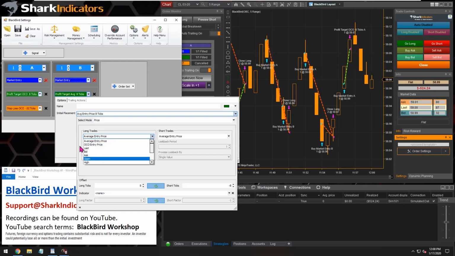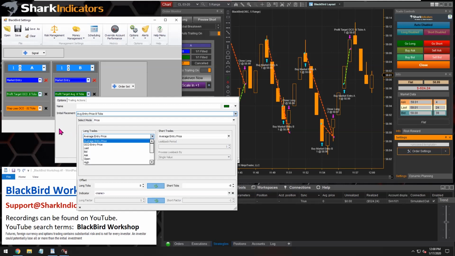As I said earlier, being able to reference prices of other order sets, or even other orders, is something that we have on our to-do list. Currently, right now, the prices for other orders can't be referenced, but in the future, BlackBird will have that ability.